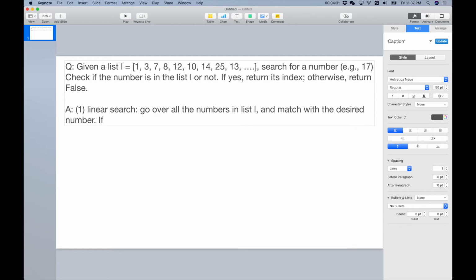If the number matches, we return the index.